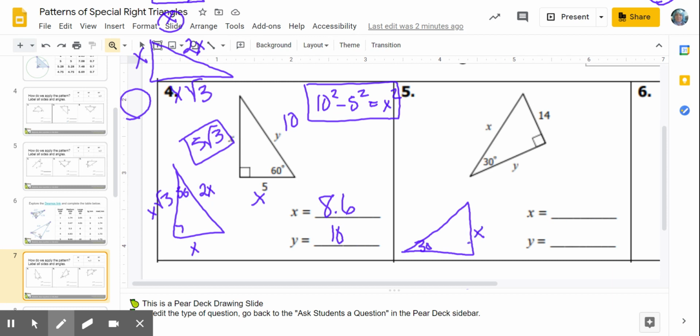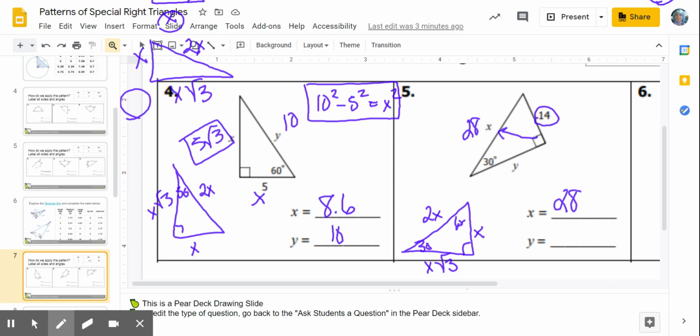So I've got x, got my right angle, that's 2x, and then my 60-degree angle, that's x on the square root of 3. So which one is going to be 28, x or y? Because that's double, right?